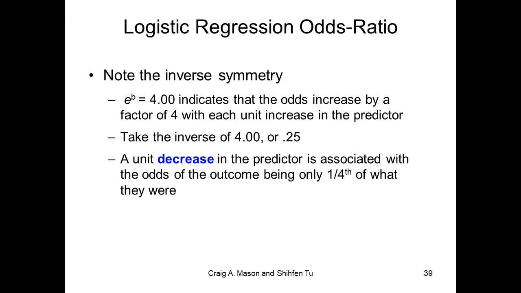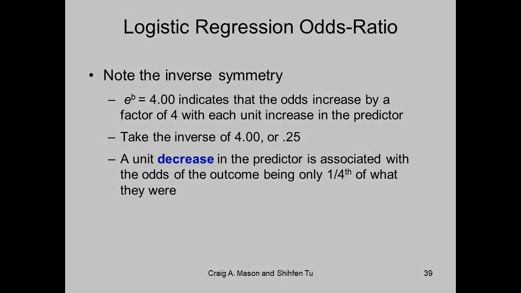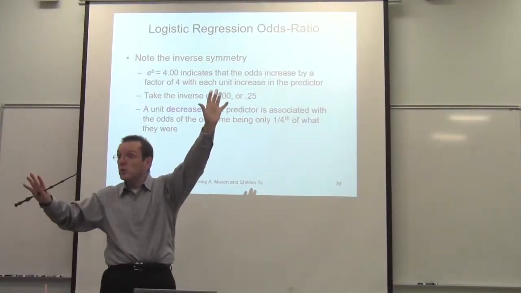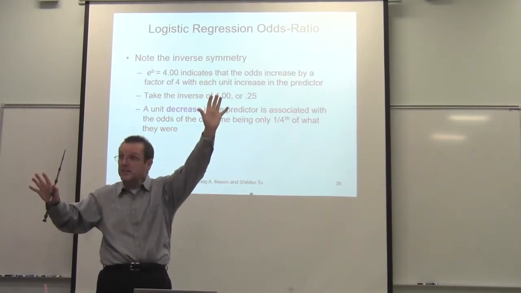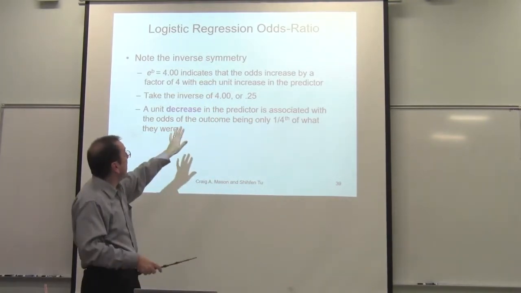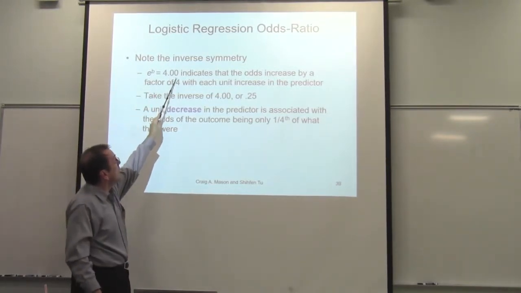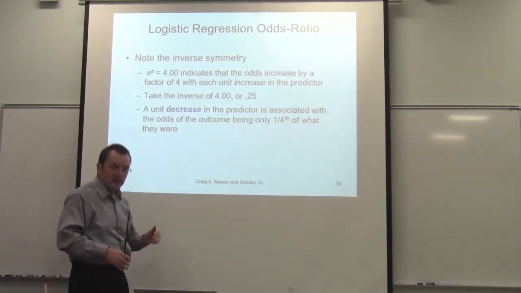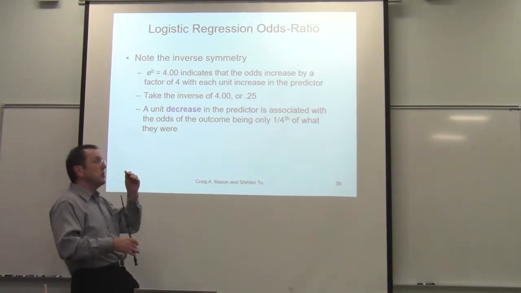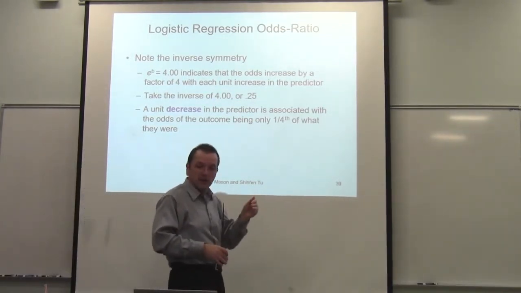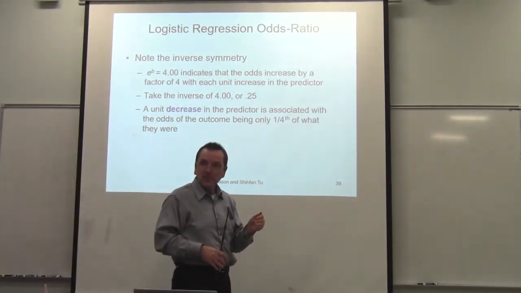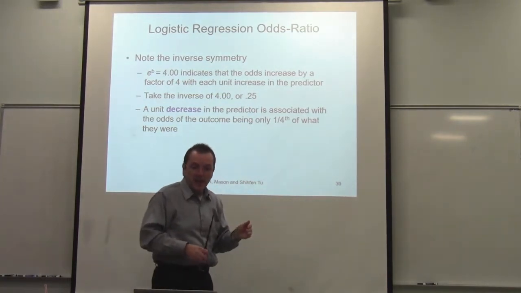Note that there's that symmetry with the odds ratios, just like we saw before. An odds ratio of 5 and 0.2 are kind of the same effect. The same applies here with logistic regression. If e to the b is 4, that would indicate that the odds increase by a factor of 4 with every unit increase in whatever the predictor is.